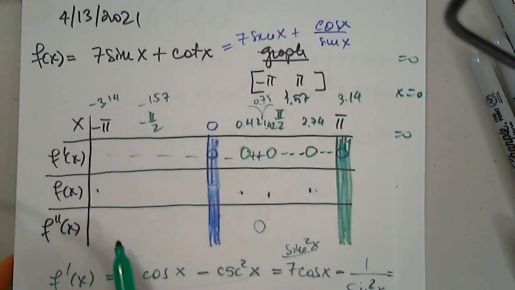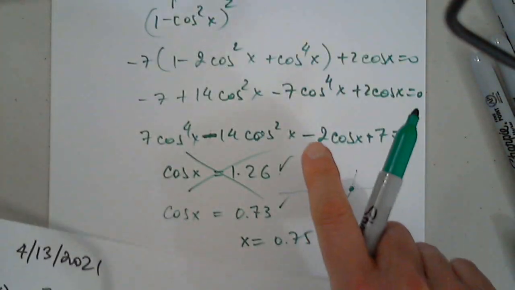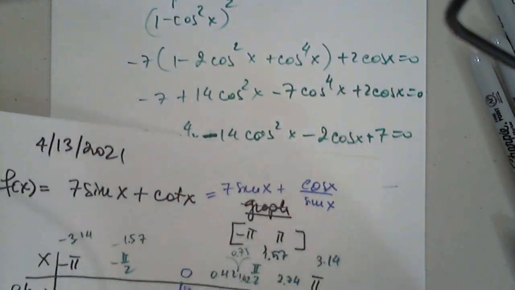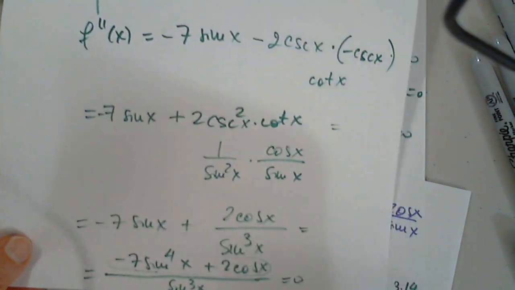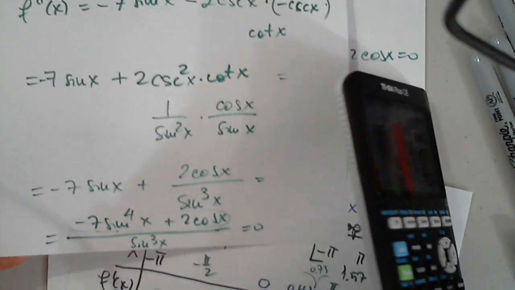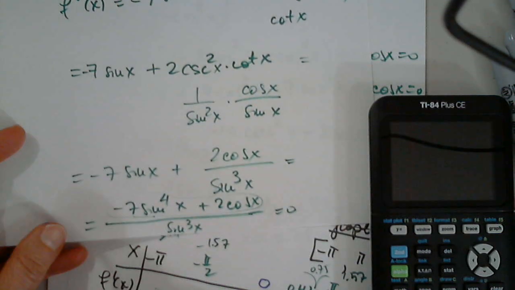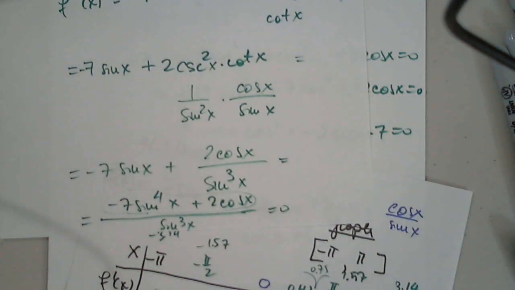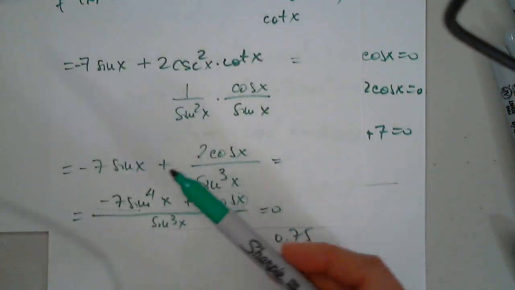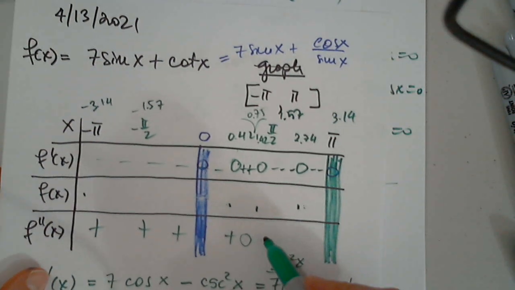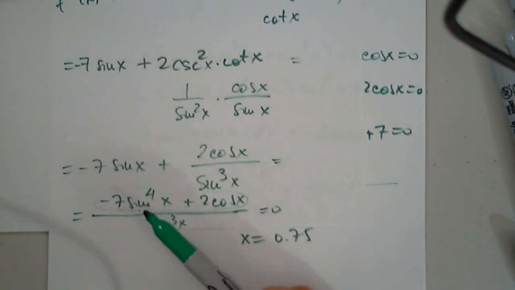Okay, so now I have to find the sign of this function. Where's my first derivative? I'm going to plug in numbers in it. If I plug in 0, this is positive. Okay, so let me see what happens when I plug in pi. When I plug in pi, this is 0 and this is positive. Uh-oh. But is it possible?